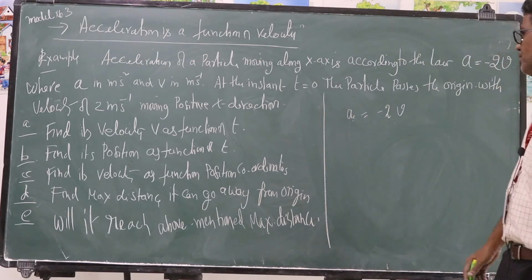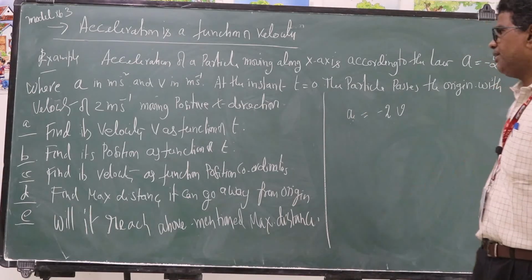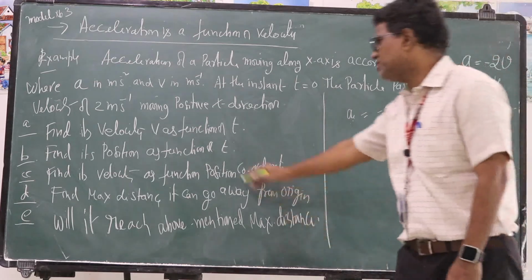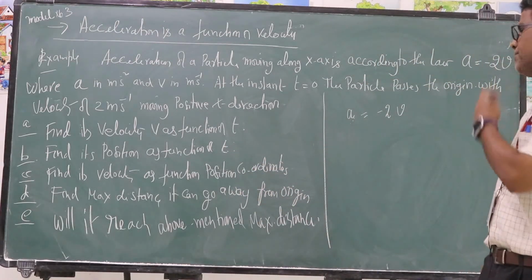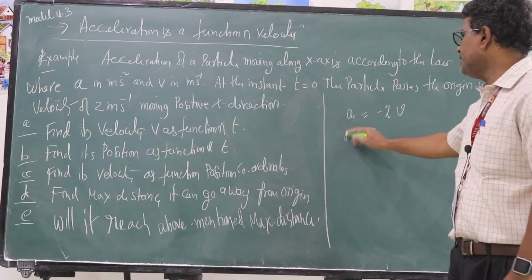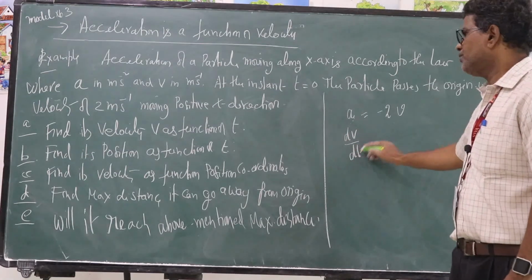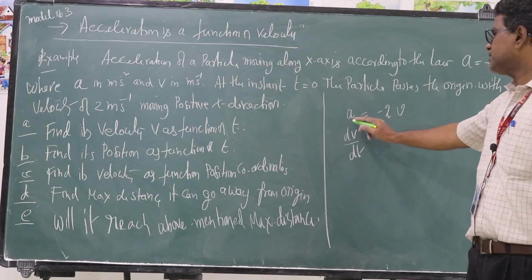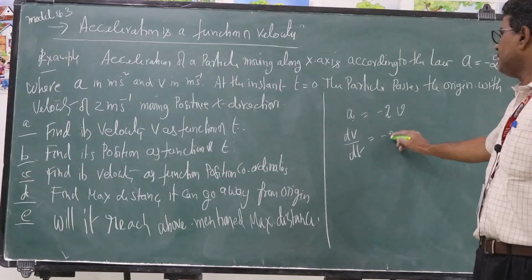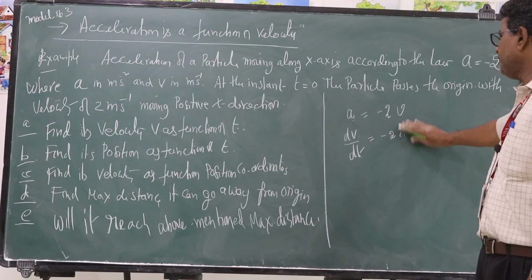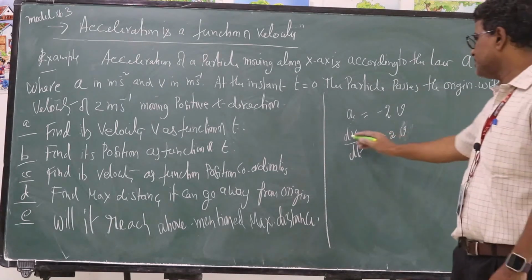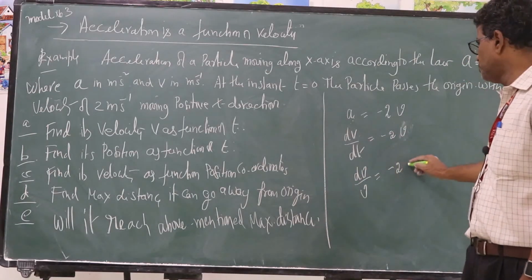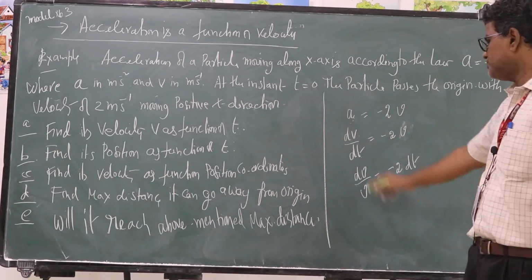We want velocity as a function of t. First, a is equal to dv by dt, so dv by dt is equal to minus 2v. So dv by v is equal to minus 2 dt. I just reshuffle.